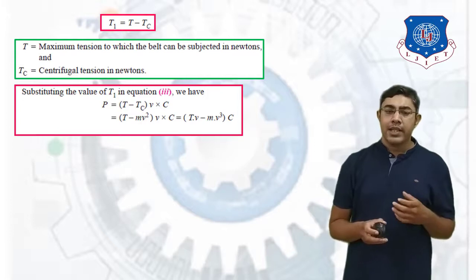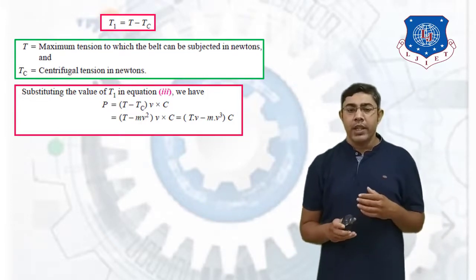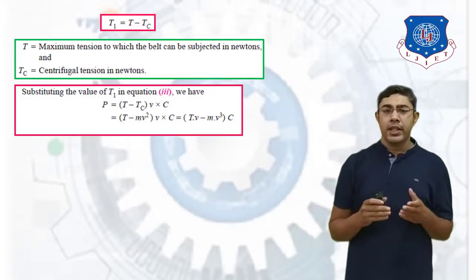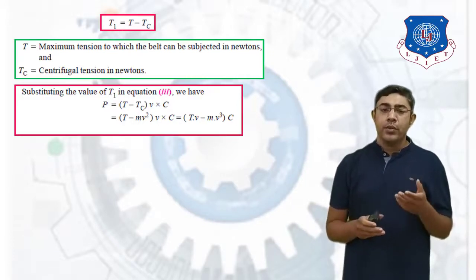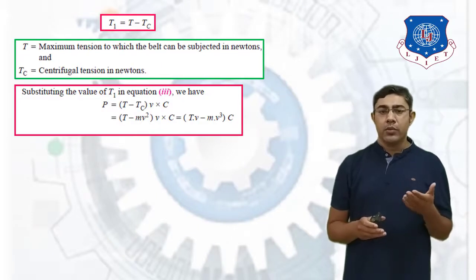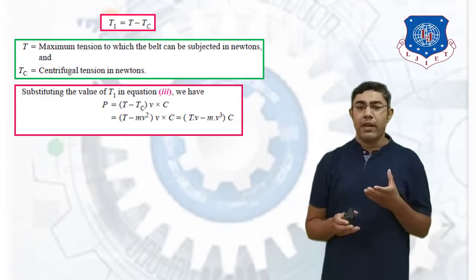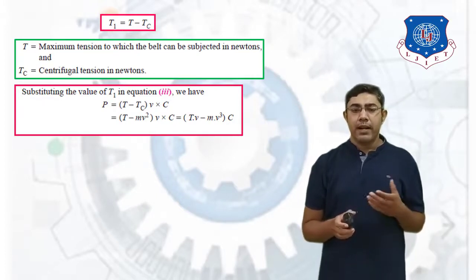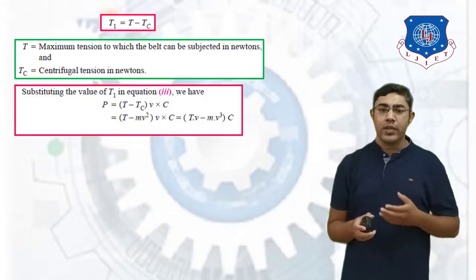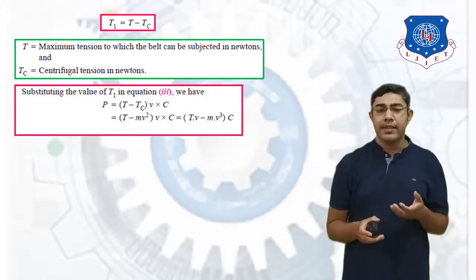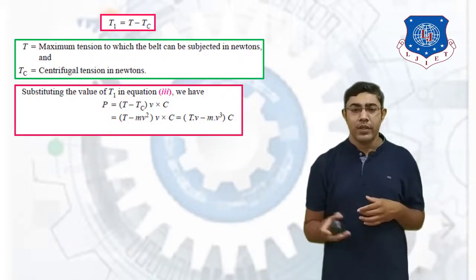So we get P is equal to (T minus Tc) into V into C. We know that Tc is equal to m v square. So we get the power equation (T minus m v square) into V into C. If we simplify this equation, we get P is equal to (T v minus m v cube) into C.